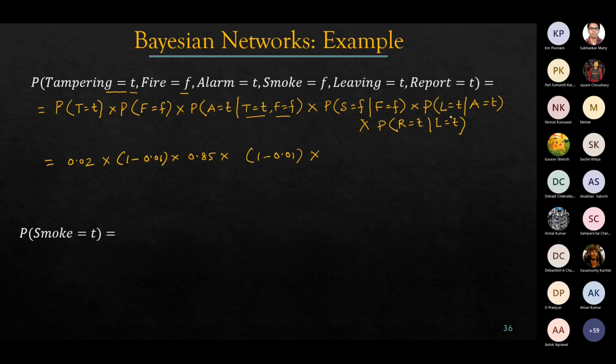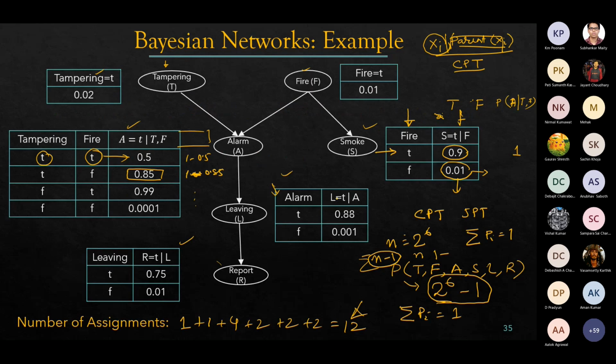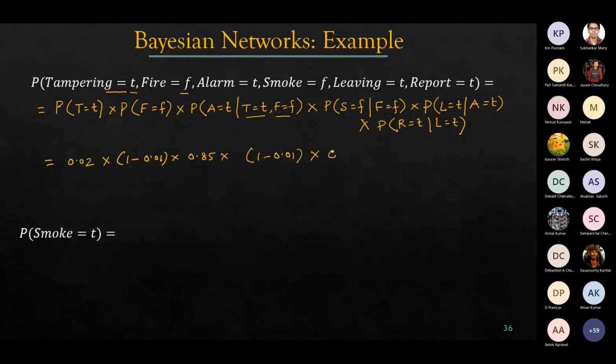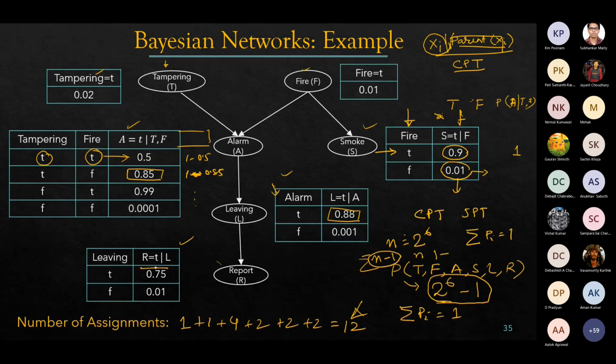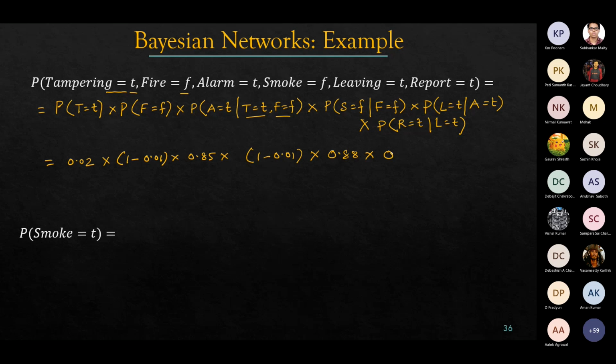And what would be the probability of leaving T given alarm T? So we'll be looking at this value, is this okay? It will be 0.88, and probability of report T given leaving T is 0.75. So now we see that I can compute any assignment of this.